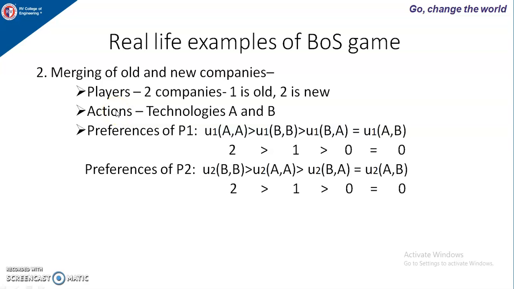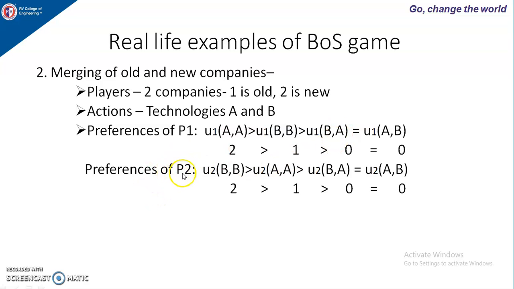The actions available to companies are technologies A and B, adopting the technology A and B. Preferences of the player 1 will be, because one is an old company, he prefers that the other company will adopt his technology over both of them adopting technology B, and the least preferred will be one using the technology A and the other using the technology B, or vice versa.